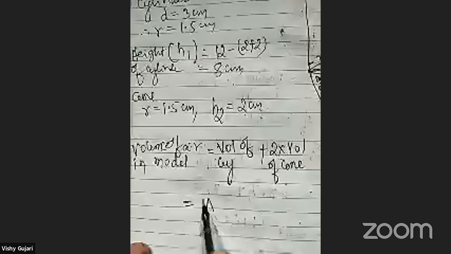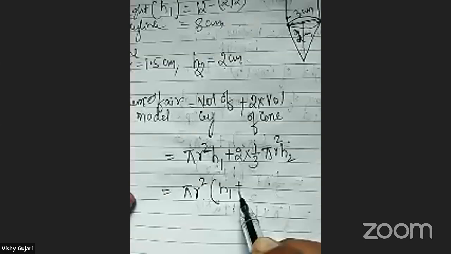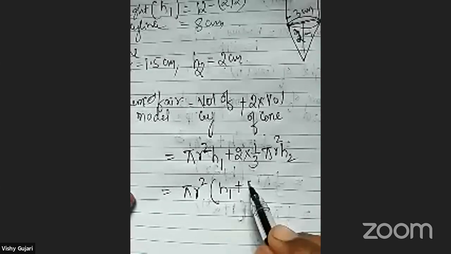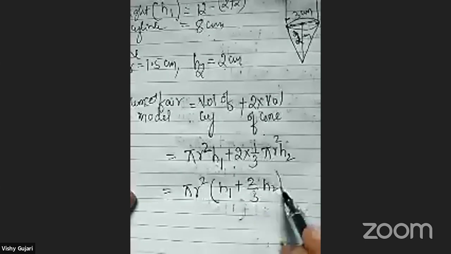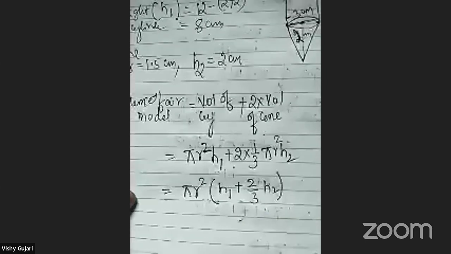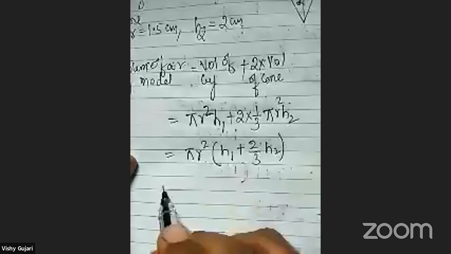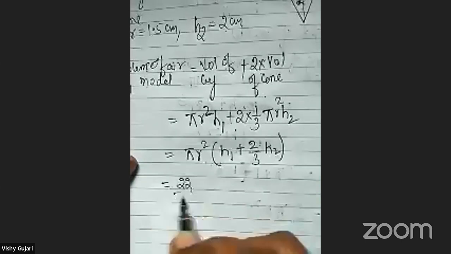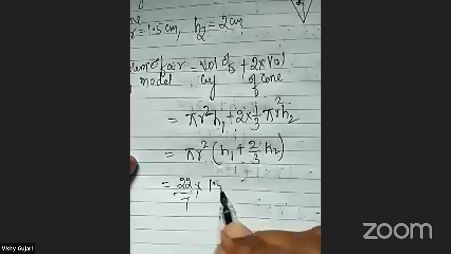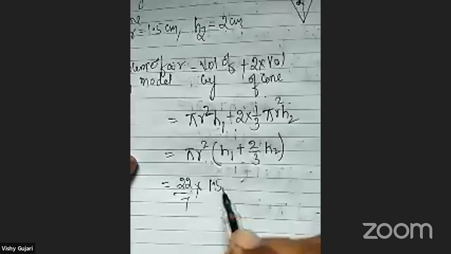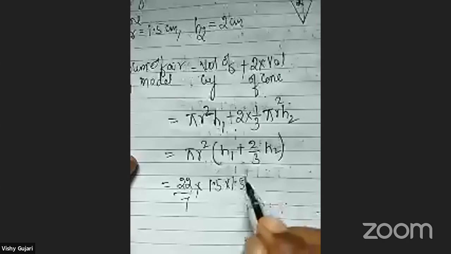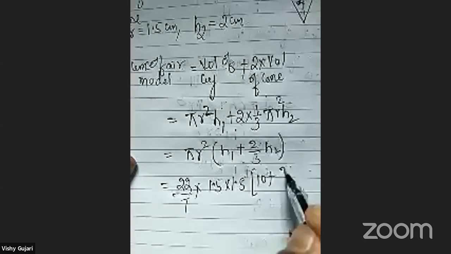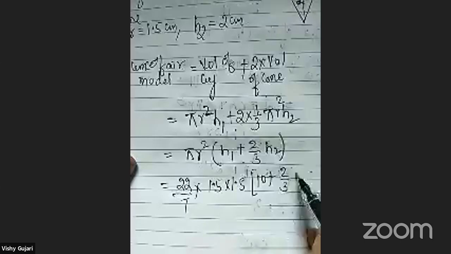If pi r square is taken common, here H1 remains plus 2 by 3 H2. That is equal to 22 by 7 into 1.5 into 1.5 into bracket 8 plus 2 by 3 into 2.